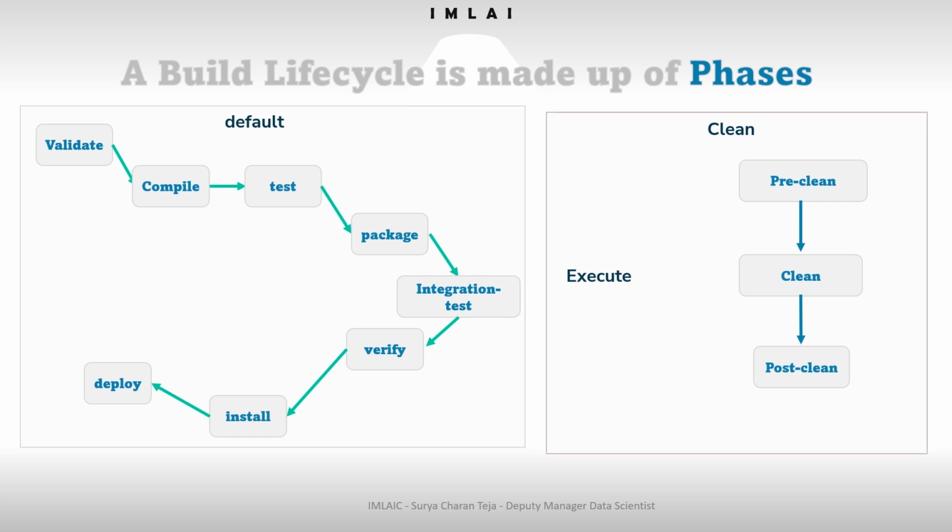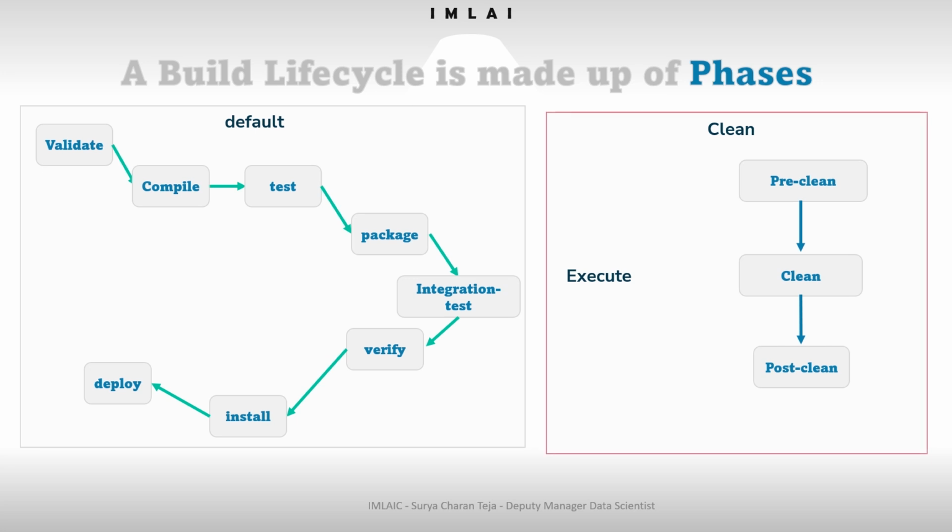So the command used for this purpose, this life cycle, is mvn clean. So if we say mvn post-clean, then it will be cleaned after the default build life cycle has been executed.